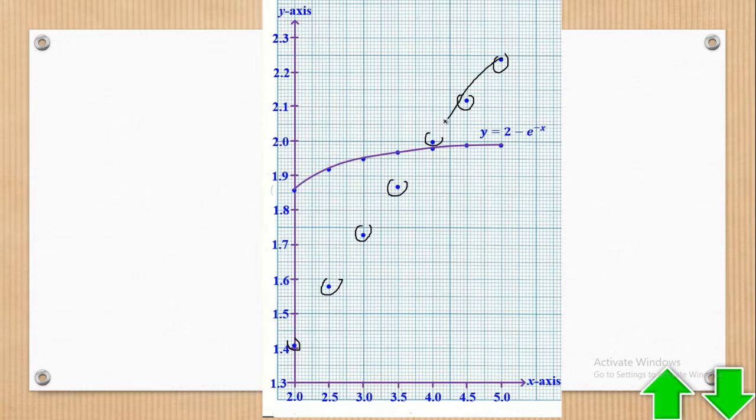So next is to draw a smooth curve through all these points. So let's do that. And I have to label the graph.